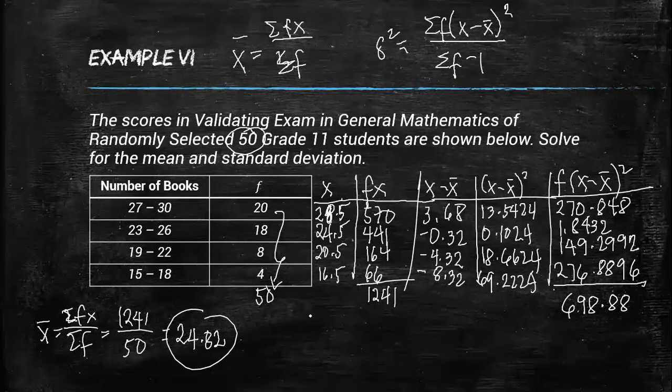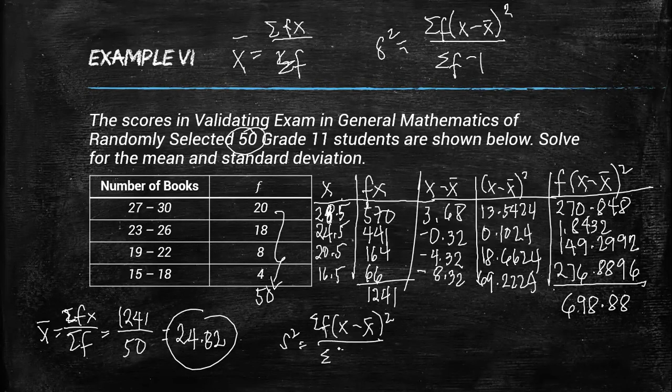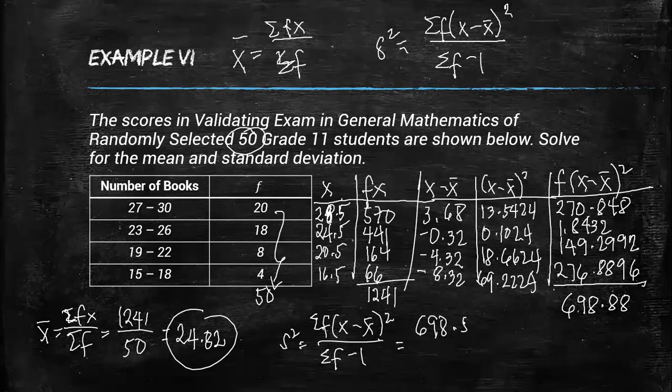Gamitin na natin yung formula. So we have s squared is equal to the summation of f times x minus x bar squared over summation of f minus 1. Substitute, 698.88 divided by 49. Bakit 49? Kasi ang summation ng f natin ay 50, minus 1, 49 na lang.